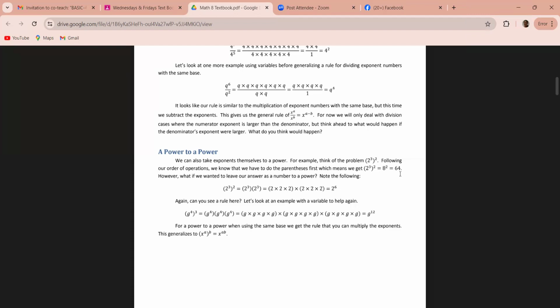64. So it's just the same, right? 8 to the power of 2 is just the same as 2 to the power of 6, which is also 64.